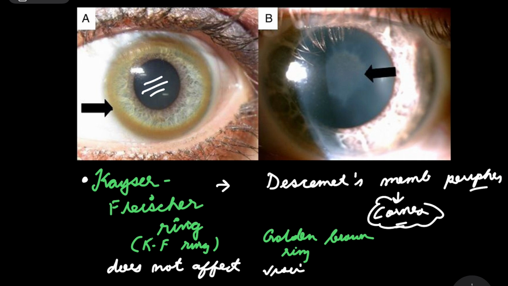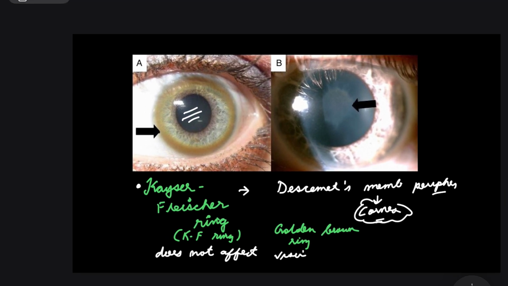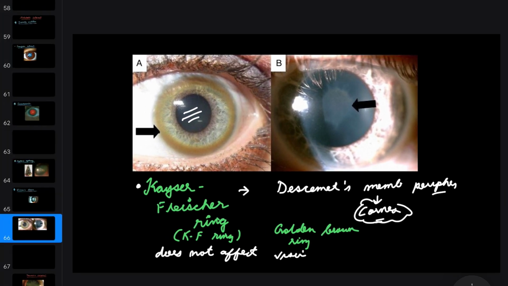But that does not mean that you should be happy about getting a KF ring. Even though there is no loss of vision, Wilson's disease, or for that matter any of the metabolic problems that we have discussed so far, are not just problems of the eye. We are only concentrating on the problems they cause in our eyes, but they are systemic problems.